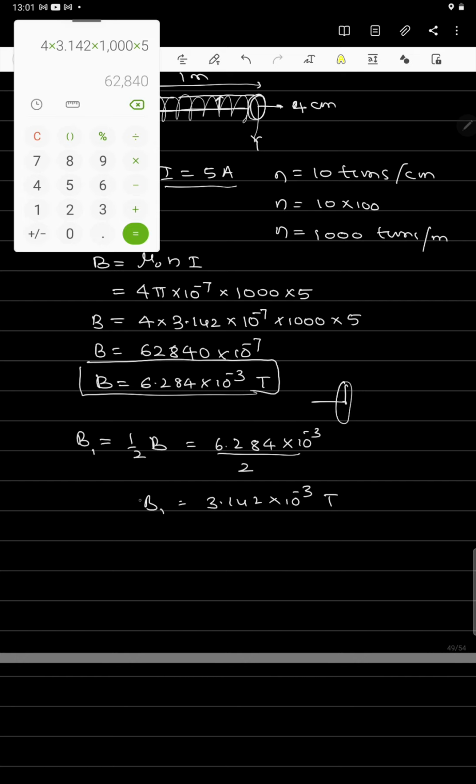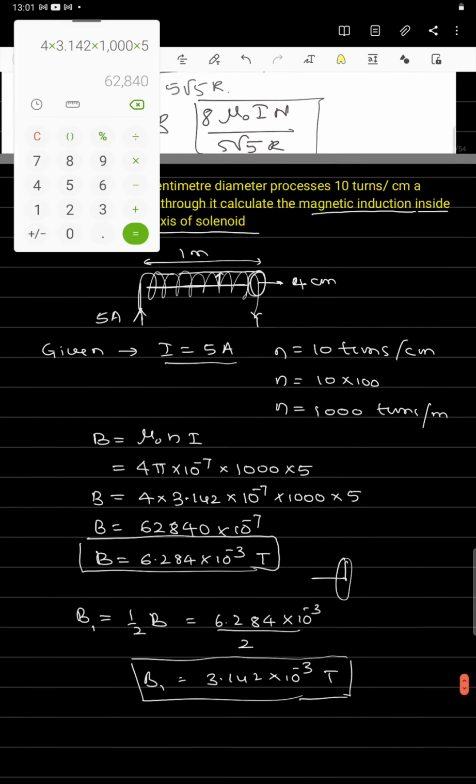So this much magnetic field is produced at one end of the solenoid on the axis of the coil. So this is the problem.